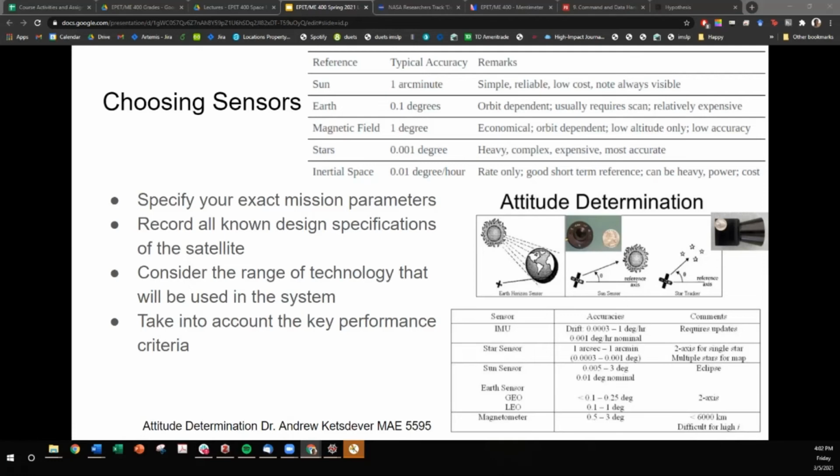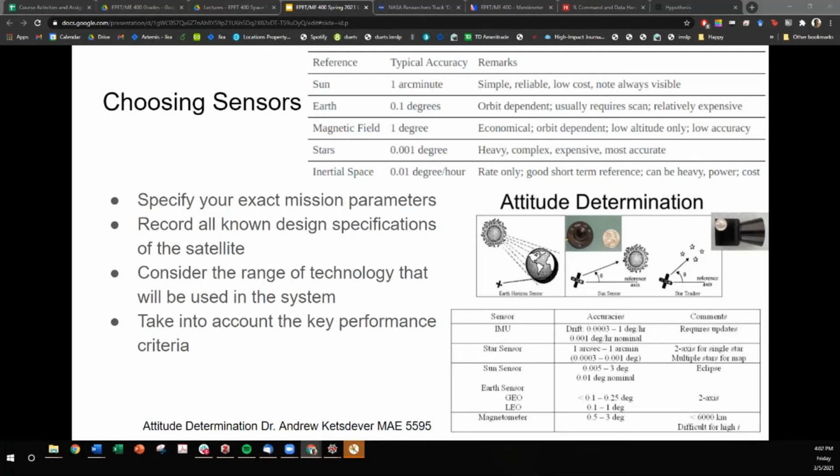Typically, what you'll see is the combination of many of these sensors. So for example, on HiTi, there is one of each of these on the satellite. You can use all of them in conjunction to get one master estimate of attitude while also getting some angular velocity.